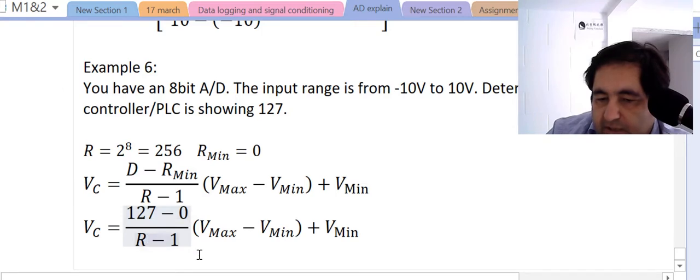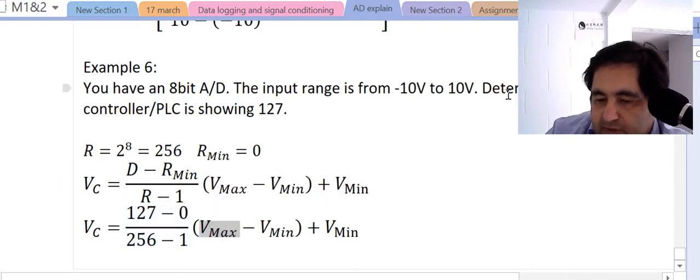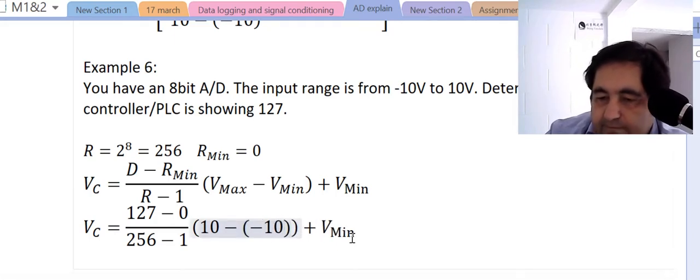And R is how much? 256 minus 1, and then V max minus V min, as you can see, is 10 volts for V max, and V min equals minus 10 volts.